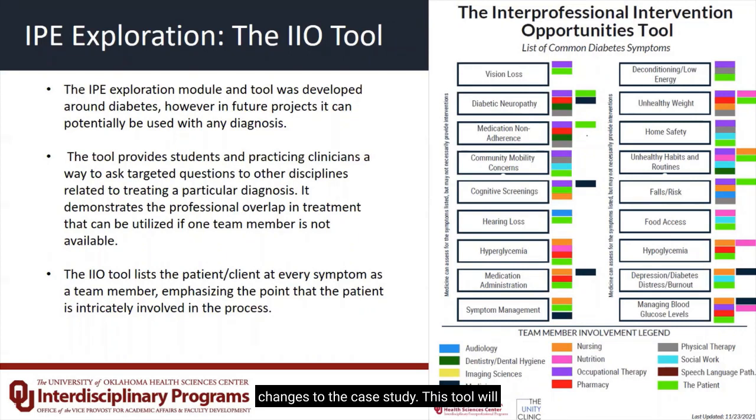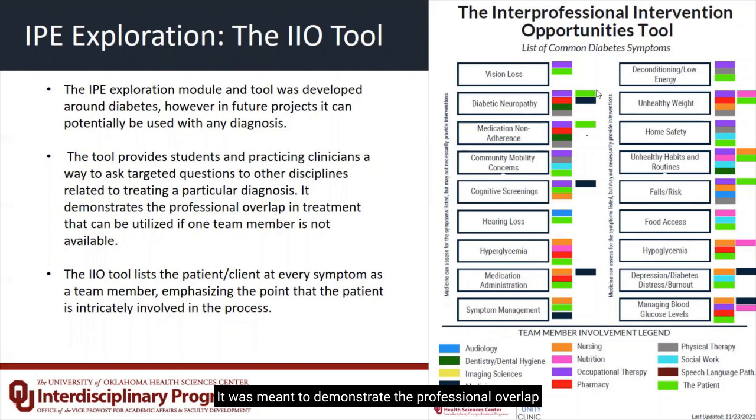This tool will provide patients as well as the practicing clinicians that are supervising in clinic a way to ask targeted questions to other disciplines specifically related to treating a particular diagnosis.